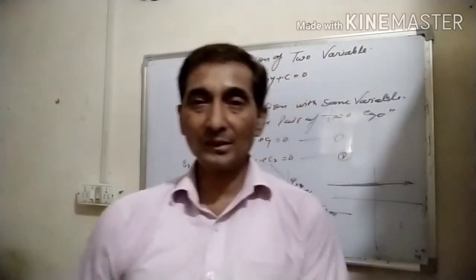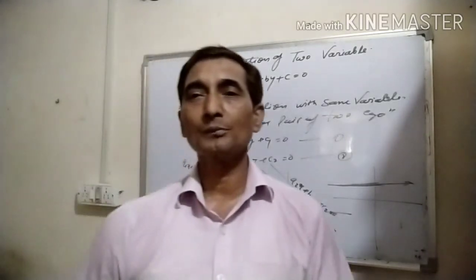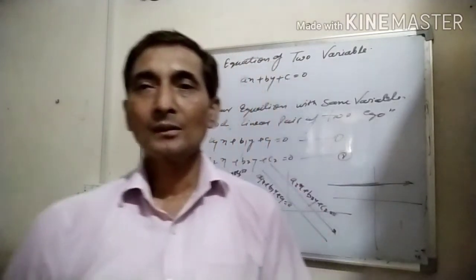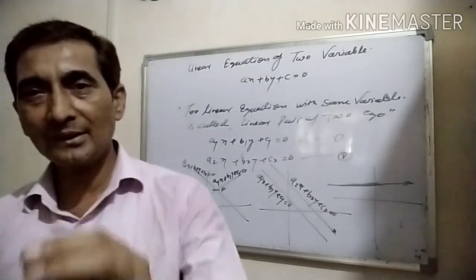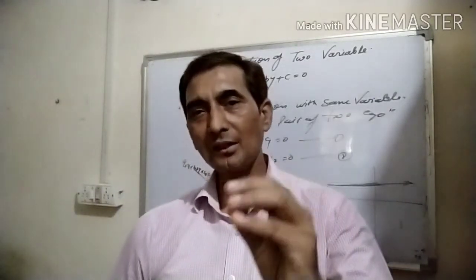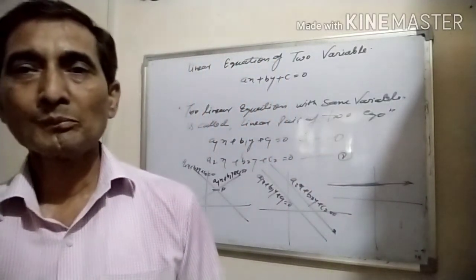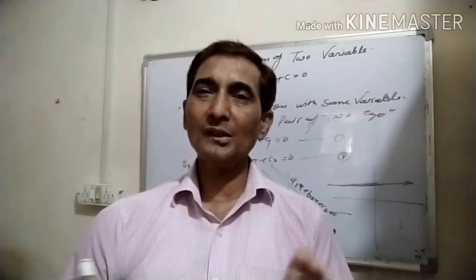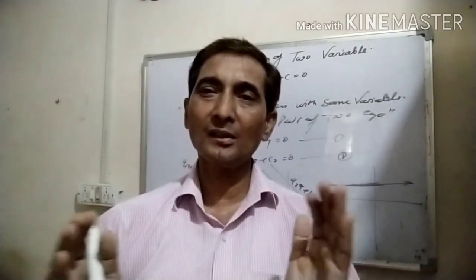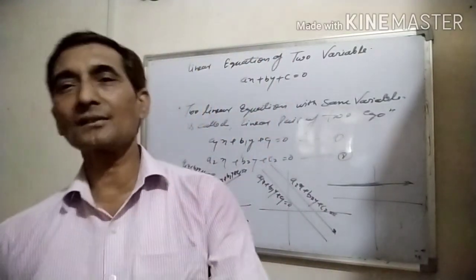To explain it, I want to try to represent the linear equation on the graph paper. How the linear equation can be represented on the graph paper, try to learn it and practice it.